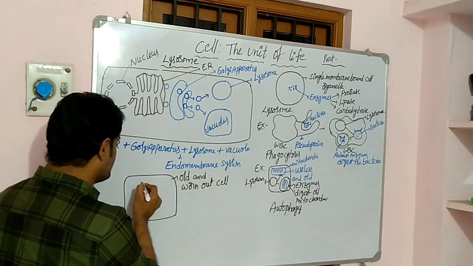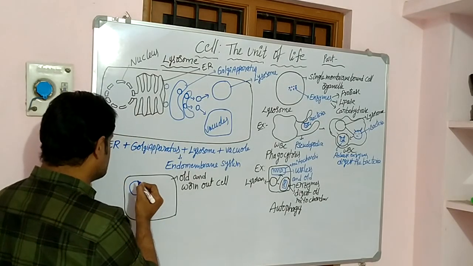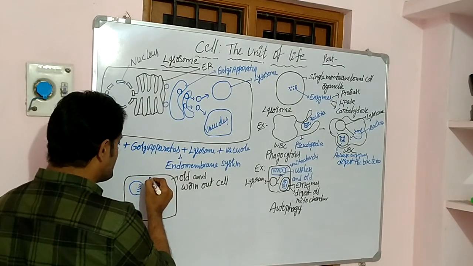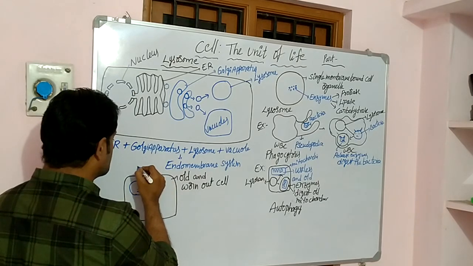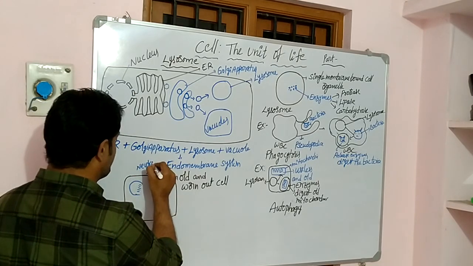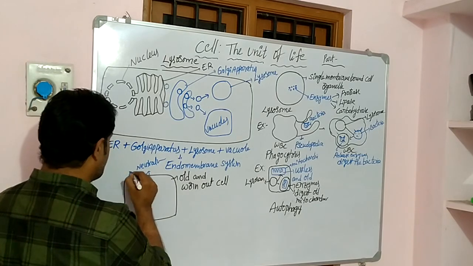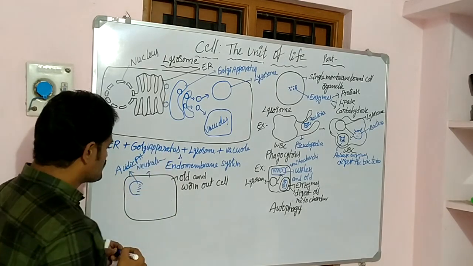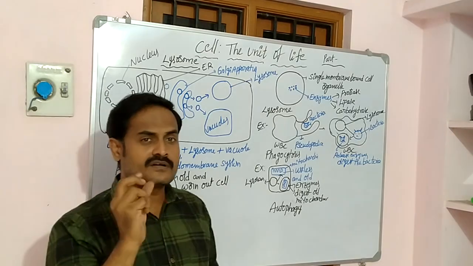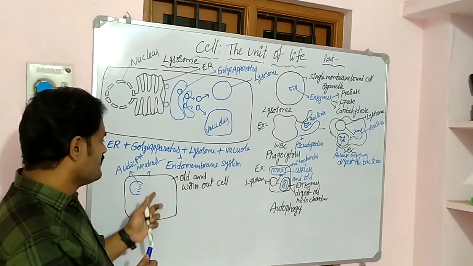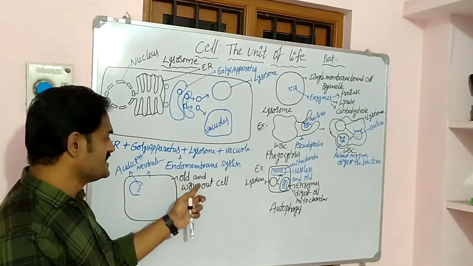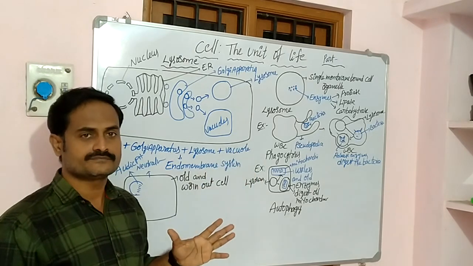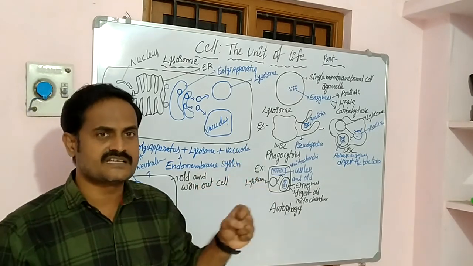See, commonly the lysosomes have an acidic nature, remember, but the cell has a neutral pH. A number of lysosomes are present in the old and worn out cell. For suppose one cell becomes old, then how to destroy this cell?